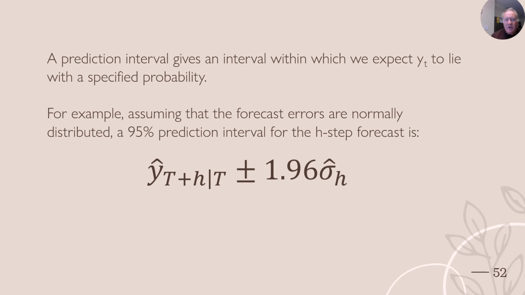A prediction interval gives an interval within which we expect y of t to lie with some specified probability. For example, assuming the forecast errors are normally distributed, a 95% prediction interval for an h-step forecast is our predicted value plus or minus 1.96 times the standard deviation.